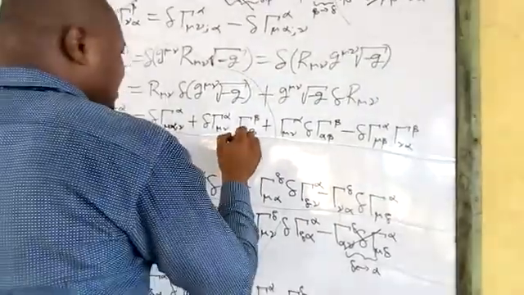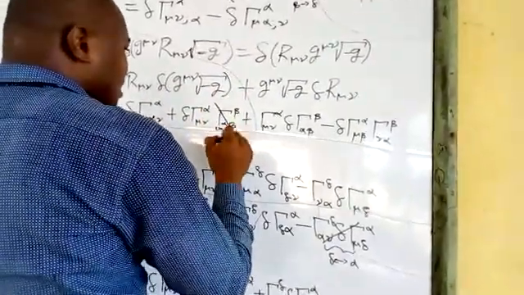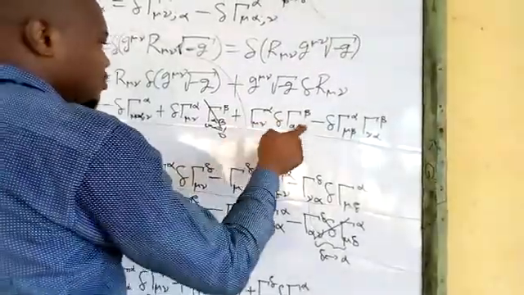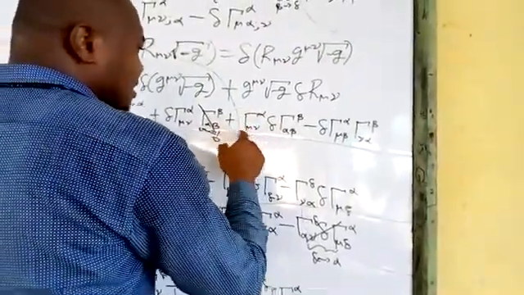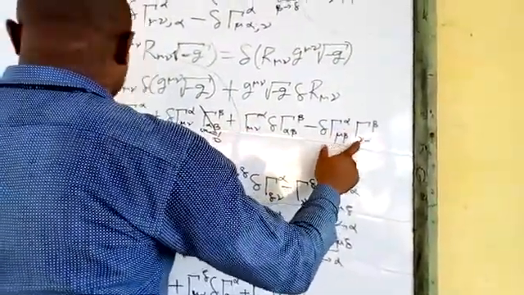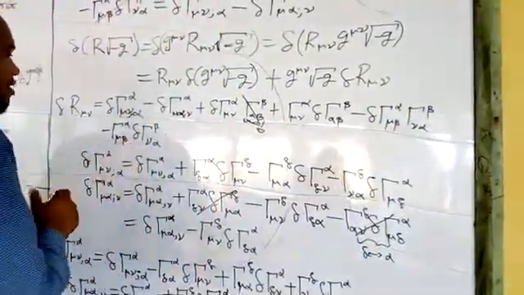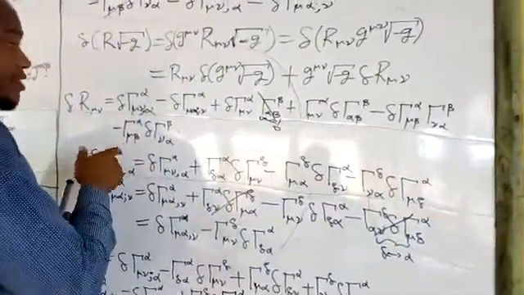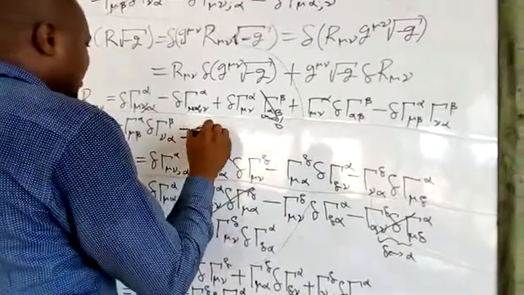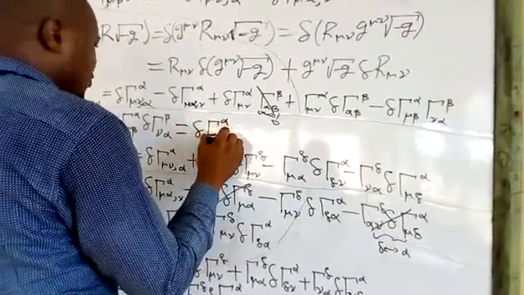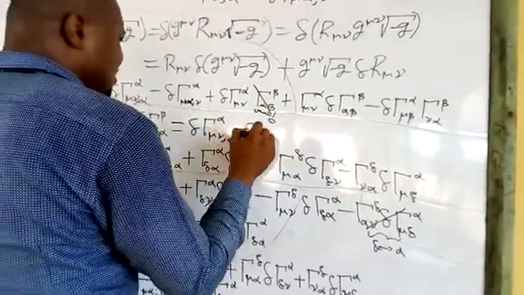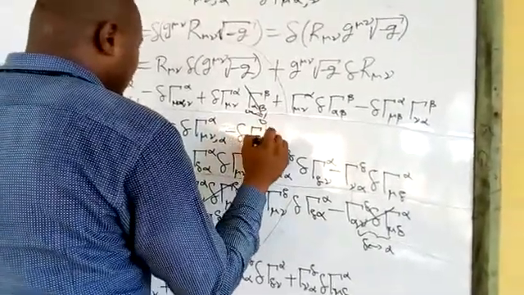In other words, these two will have to be zero because they have a Christoffel symbol. This term too will be zero because it has a Christoffel symbol. This term too, and this too will be zero because it has a Christoffel symbol. So in the end, this will give me this alpha mu nu comma alpha minus gamma alpha mu alpha comma nu.